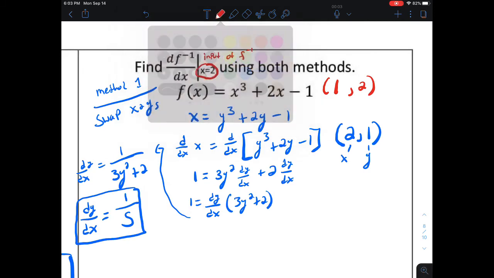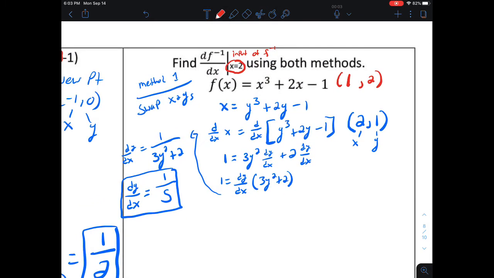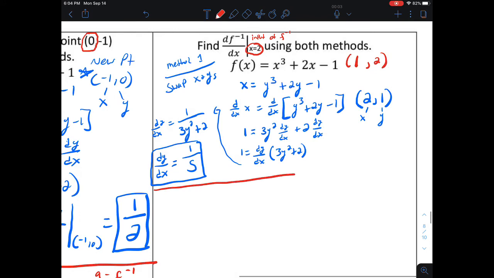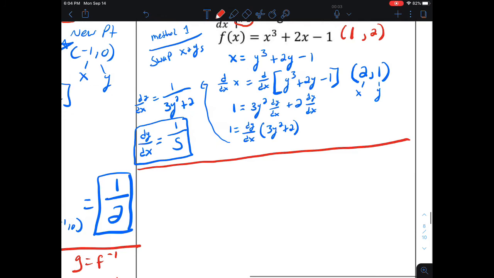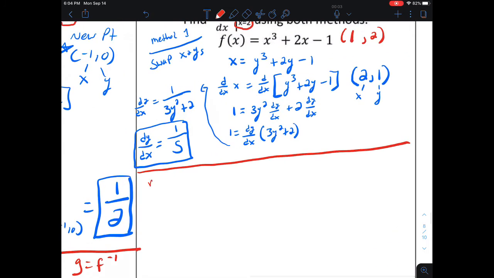Now let's go through the same process and do this again, but using that inverse composition rule to find out what our derivative is. So the inverse composition rule here for method 2. Now, it's good to know both of these methods in case you had to do this with a table and you didn't actually have an equation. The inverse composition rule: I'd start with f of g of x equaling x and take the derivative of the whole thing.